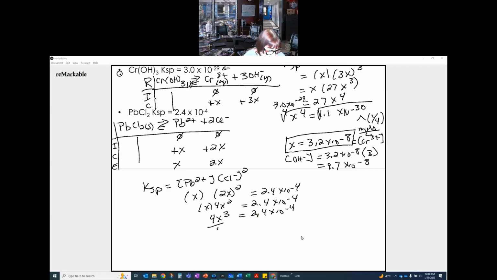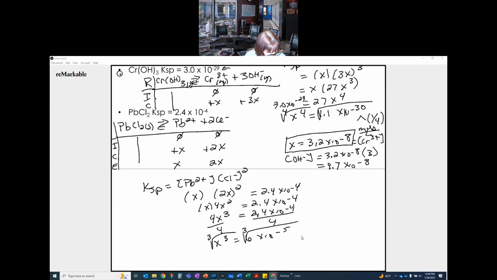I'm going to divide both sides by 4. 2.4 EE minus 4, divided by 4, and it gives me x cubed is equal to 6 times 10 to the minus 5th. I take the cube root of both sides.